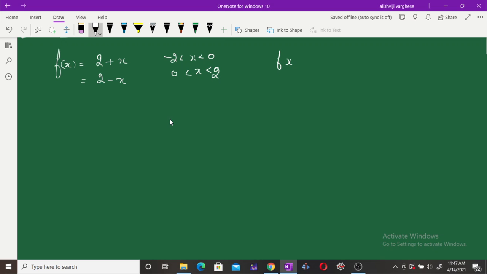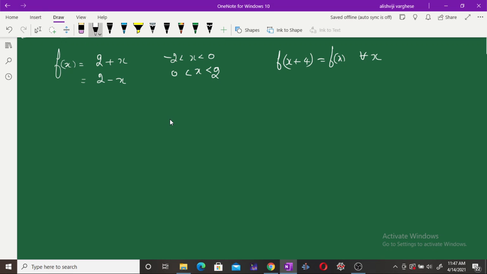It is a periodic function with period 4, so outside the interval it is just going to repeat, and f of x plus 4 or f of x minus 4 is equal to f of x for all values of x.